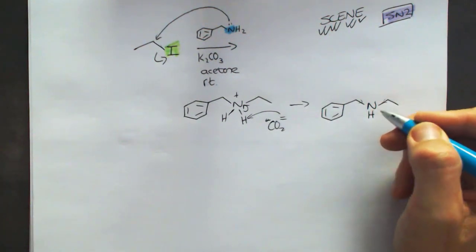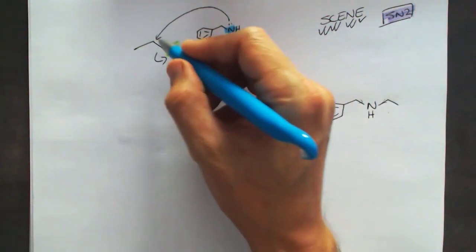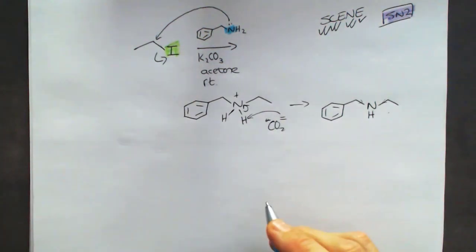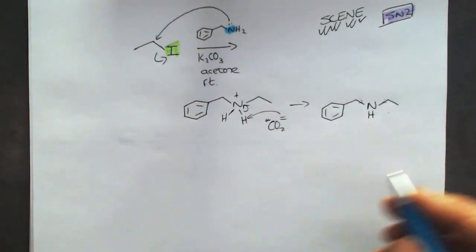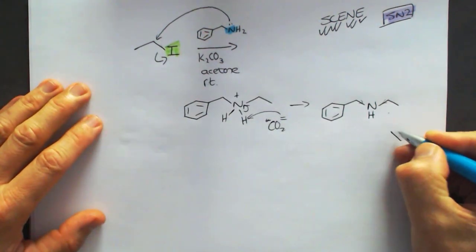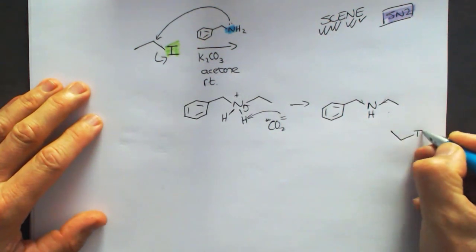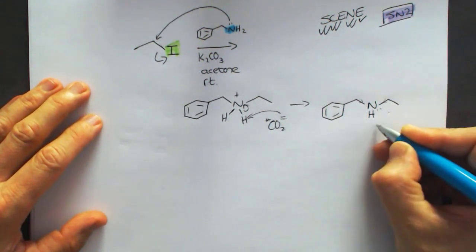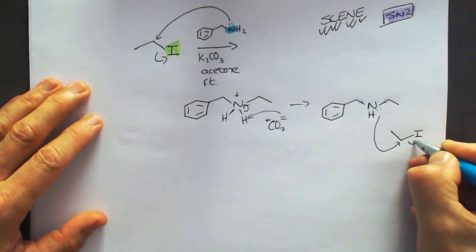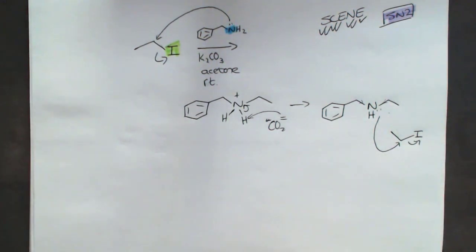Nevertheless, the big problem is that in this reaction, we've got a really, really good electrophile over there. And so what's going to happen, absolutely, is that it's going to happen again. It will react and kick out, and we'll get a substitution a second time.